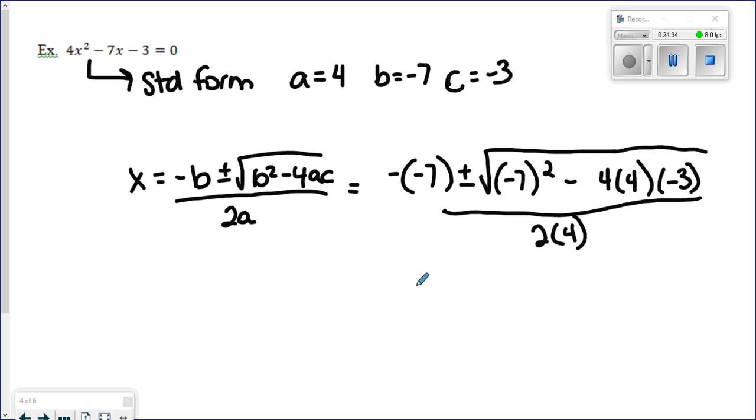So I've substituted in for a, b, and c. So negative 7 squared is positive 49. Negative 4 times 4 times negative 3 is positive 48.